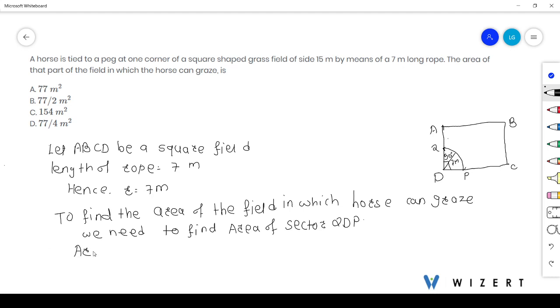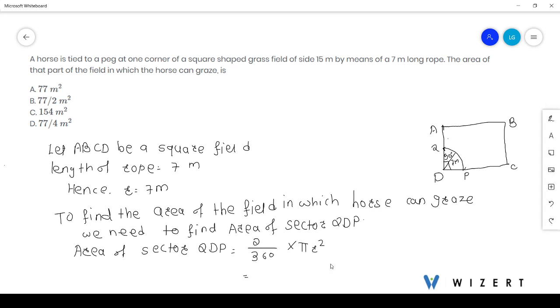So area of sector QDP can be defined by theta divided by 360 into pi r square.